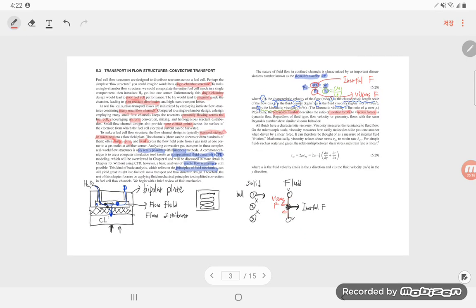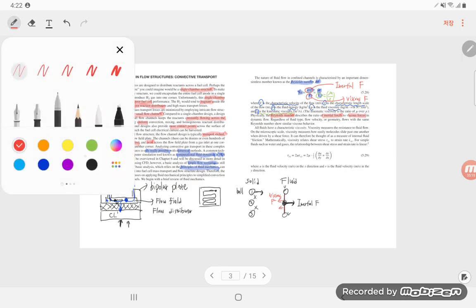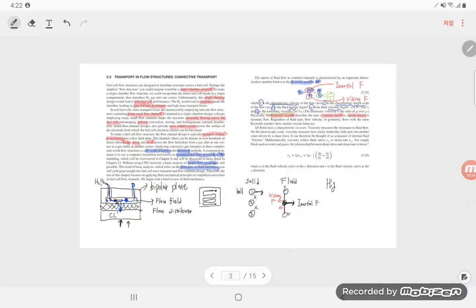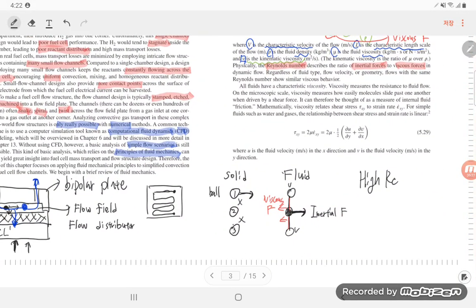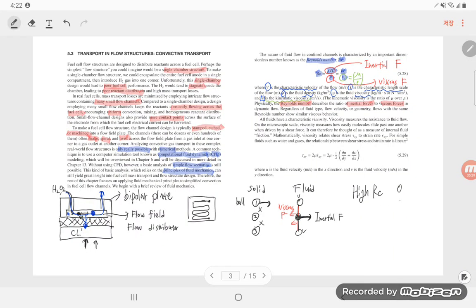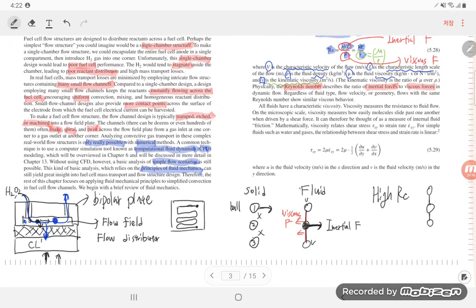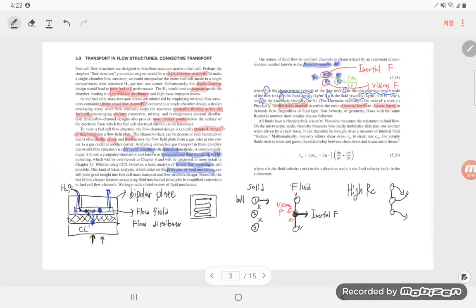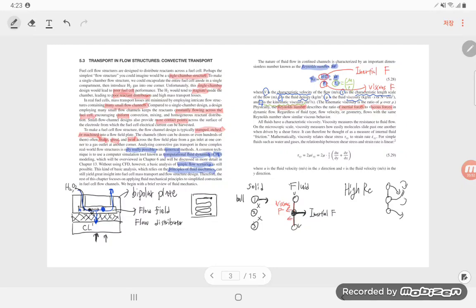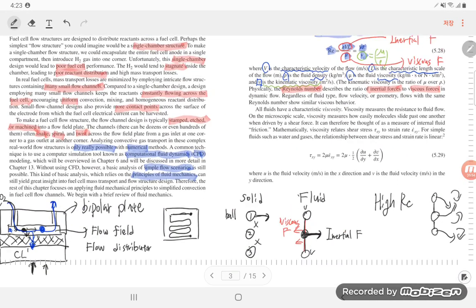Okay, then let's assume that at a high Reynolds number, the inertial force is dominant over the viscous force, so these molecules don't affect each other. If this molecule wants to go this side and this side and this side, there is very low resistance to this moving. That's why at a high Reynolds number there are eddies in the fluid.